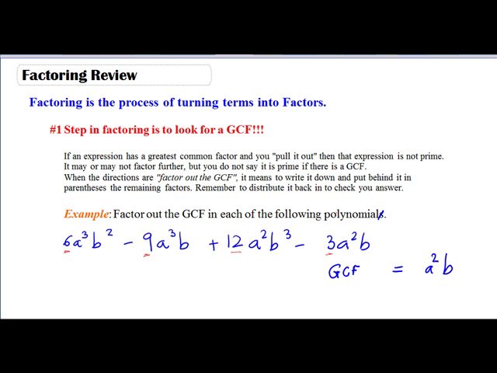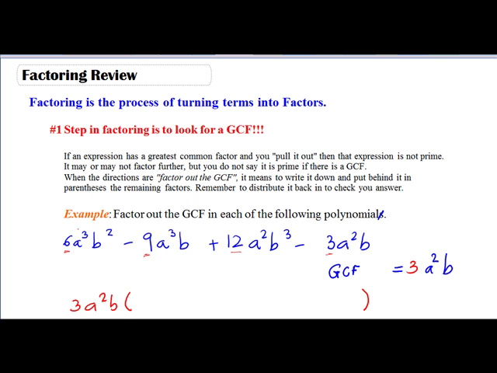So 3 must be the greatest common factor. When you've done that, you take the common factor, put it outside, and put the brackets behind it. If you have 4 terms here, you must have 4 terms inside the parentheses.